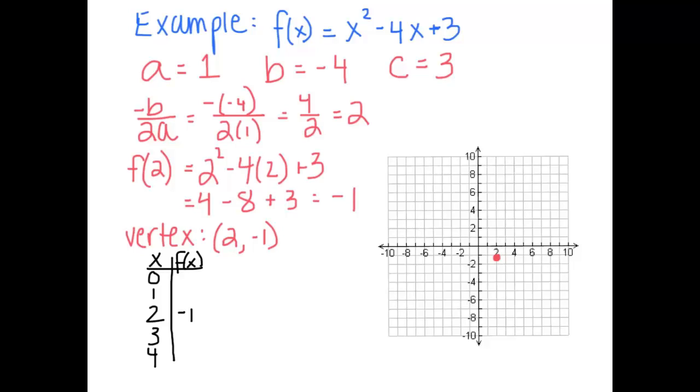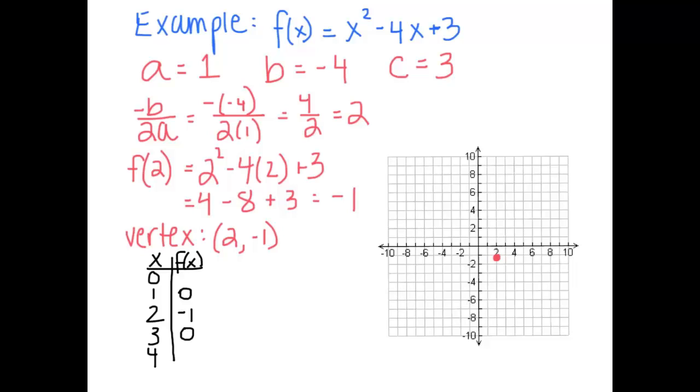If I plug in 1, let's see, 1 squared minus 4 plus 3 gives us 0. I know that we have some symmetry in our parabola, so I know that the point immediately on the other side of the vertex is also going to have the same y-coordinate.